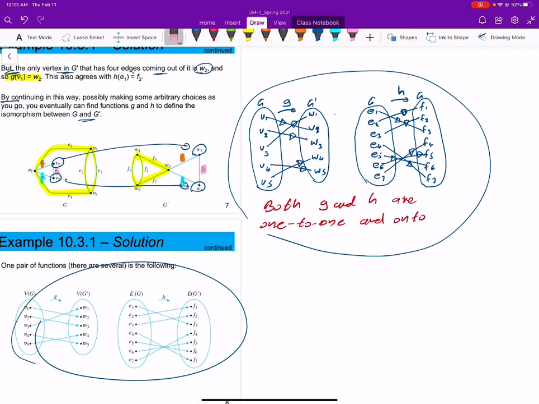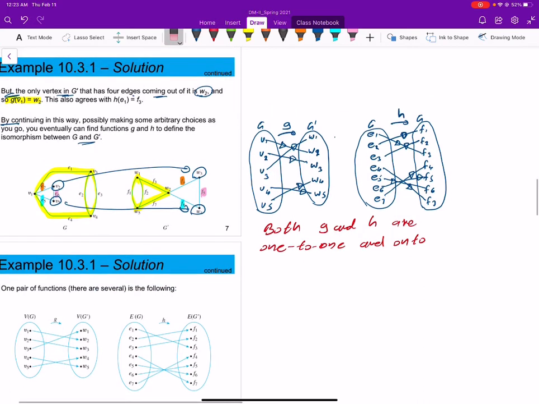All right, let me delete this and let me make a small change. Since I'm talking about vertices here, I replace the labels a little bit. So I put V of G because they are labels, and here I put V of G prime, here E of G, there E of G prime, because we use E for edges and V for vertices.